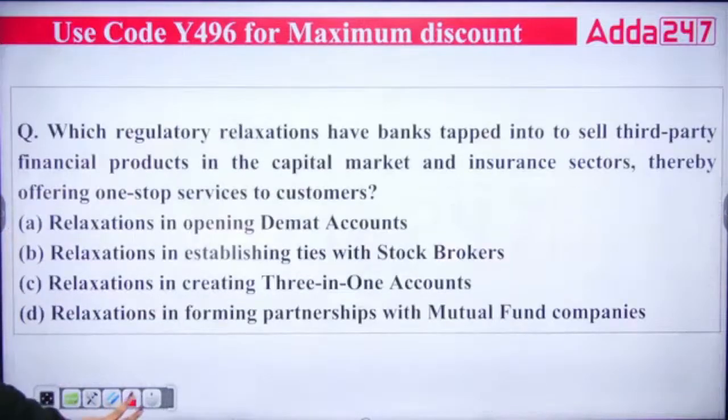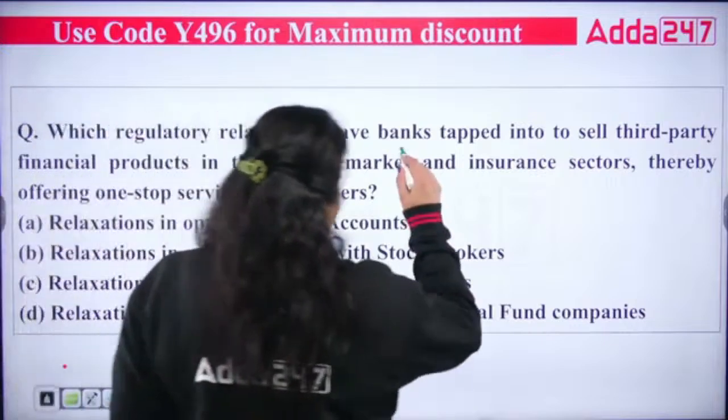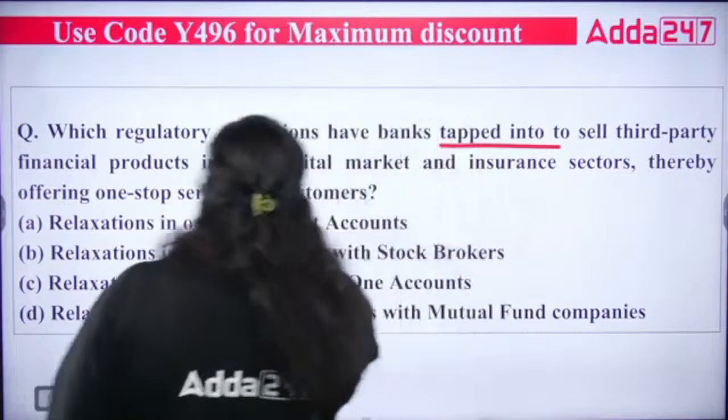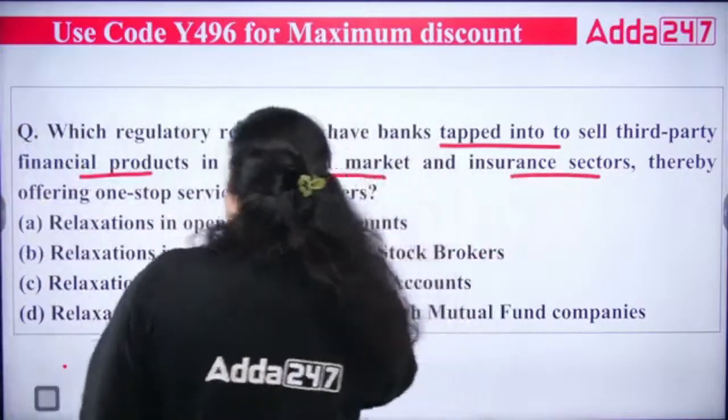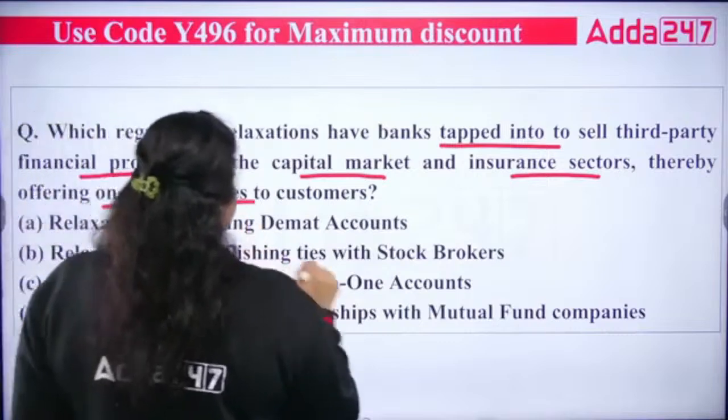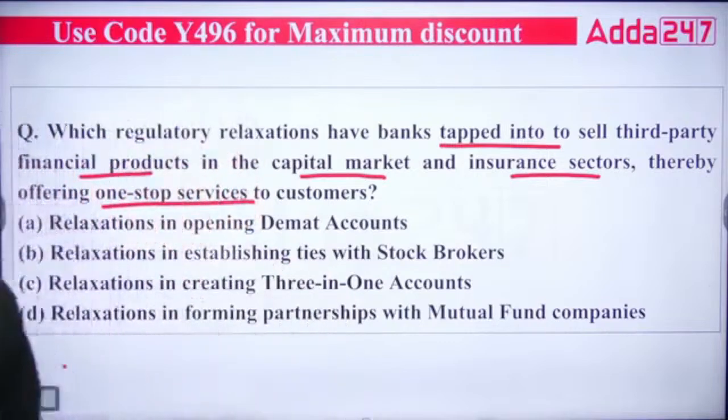Next question is talking about the regulatory relaxation that banks have tapped into to sell third-party financial products in the capital market and insurance sector, thereby offering one-stop services to the customers. So which regulatory relaxation have banks tapped into, to do what?